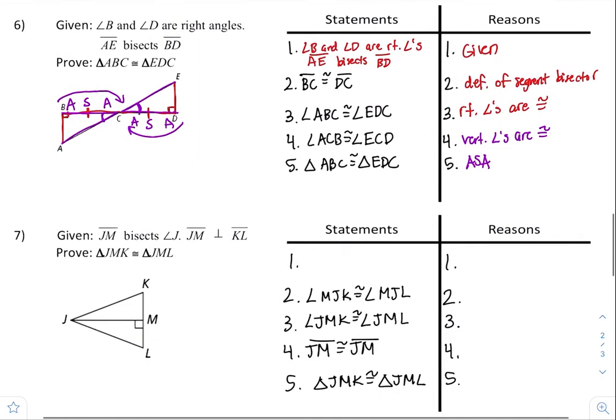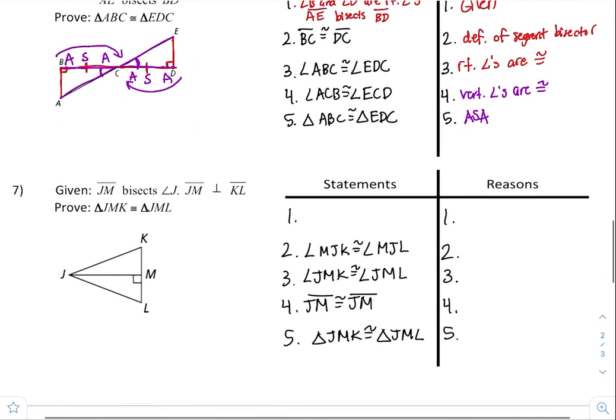Okay, and the last one, you guys, gonna rewrite this. JM bisects angle J, JM is perpendicular to KL. So this is given. Now let's analyze this, right?